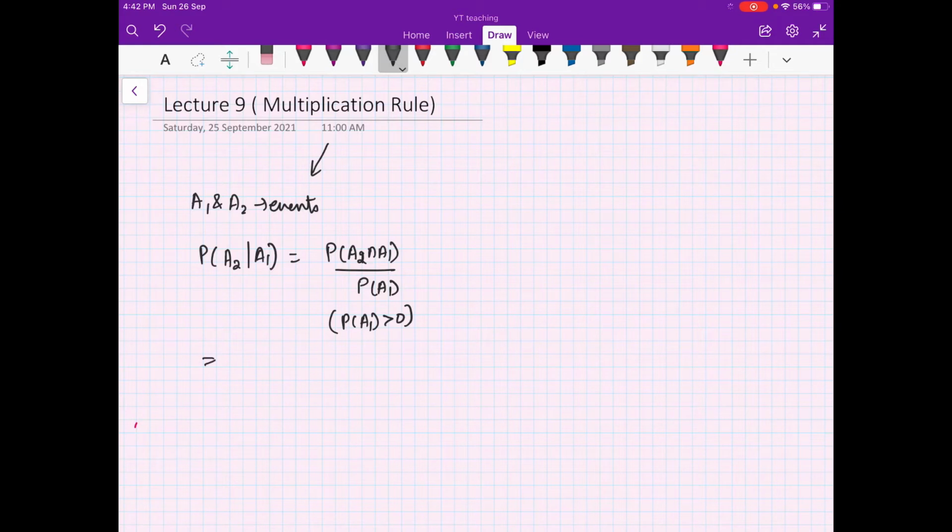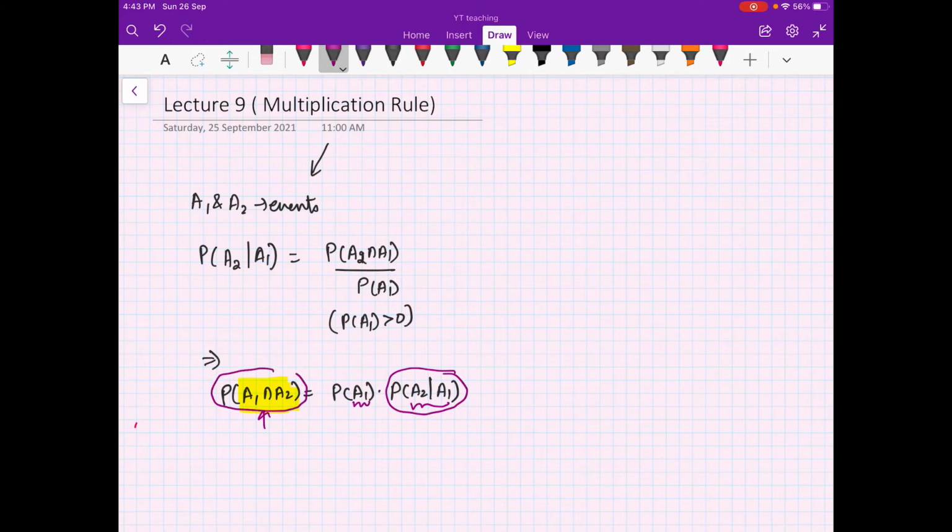So from here you can write the probability of A1 intersection A2 is equal to the probability of A1 times the probability of A2 given A1. So we can compute the probability of the intersection of A1 and A2 if we know the probability of A1 and the conditional probability.